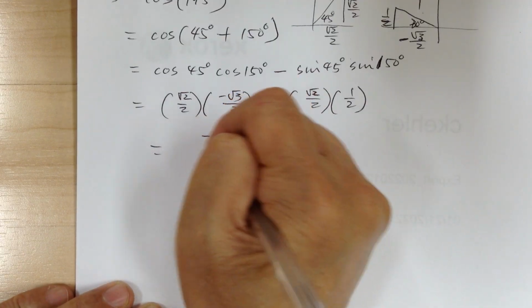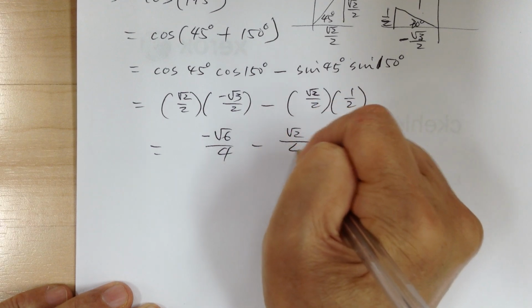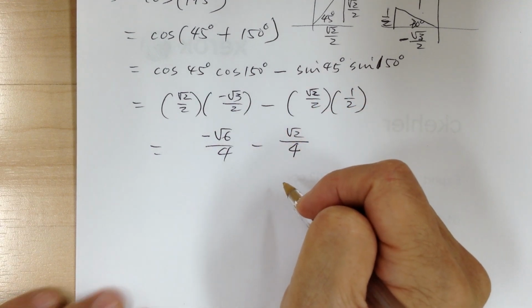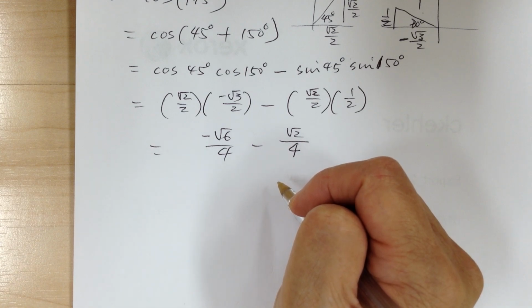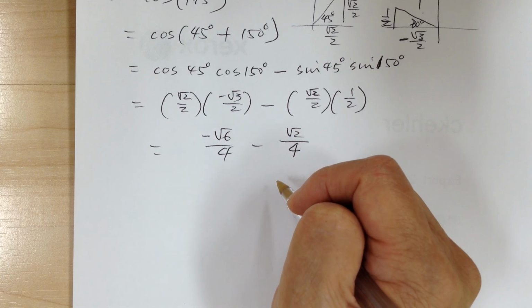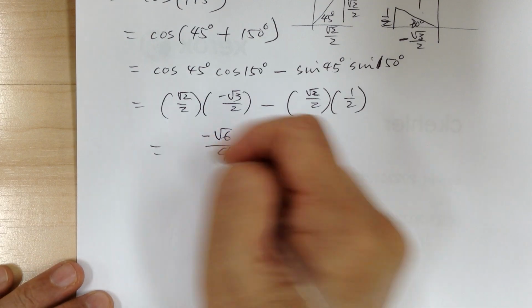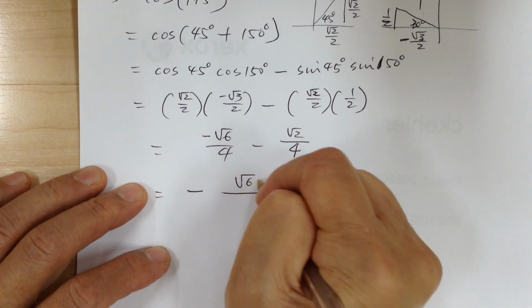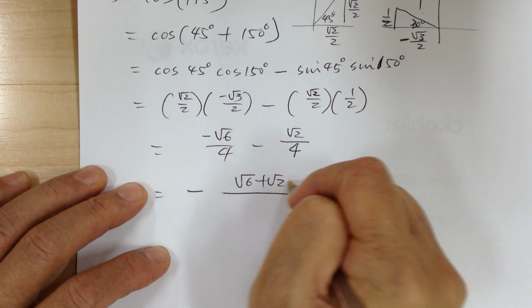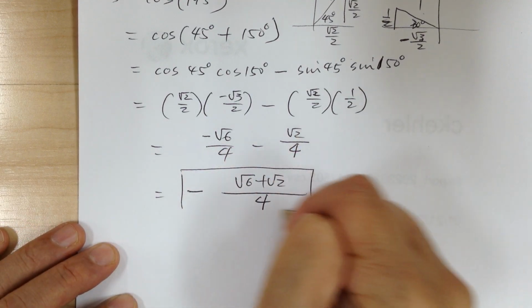So multiply together, so negative square root of 6 over 4 minus square root of 2 over 4. Okay, and you can factor out the negative, so you're going to get negative square root of 6 plus square root of 2 over 4.